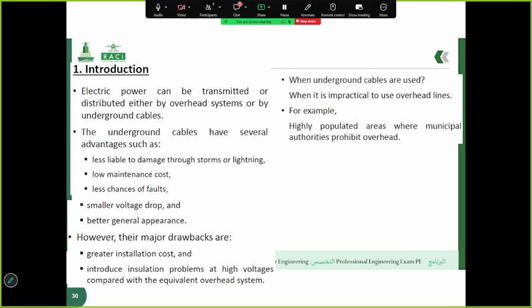Given this balance of pros and cons, underground cables are typically used in specific situations where the advantages outweigh the high cost and technical challenges. They are primarily deployed in locations where it is impractical to use overhead lines, such as in highly populated urban areas where municipal authorities often prohibit the use of unsightly and space consuming overhead infrastructure.